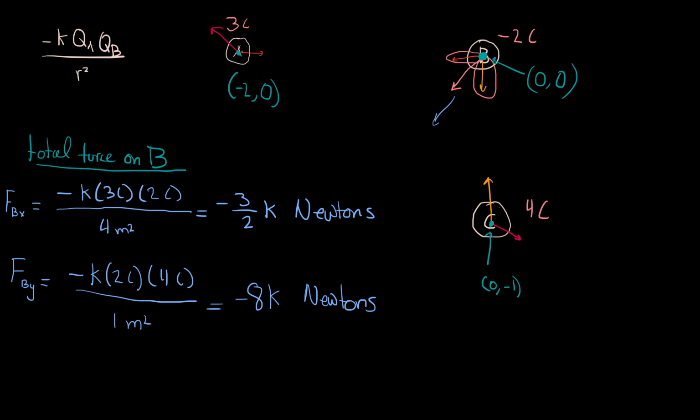If you also added another charge onto this, let's say we call this charge D, and this D we'll put at the position 1, 0, and D had a charge of negative 13 coulombs. Let's think about how B would be affected, because B is our main character of what we're trying to find, the total force on B.